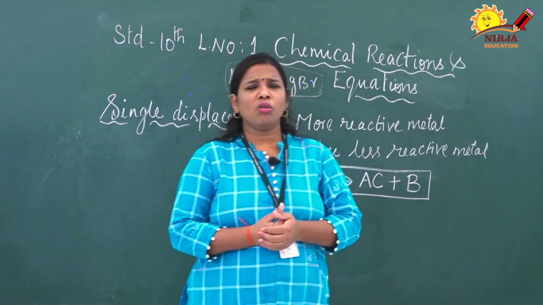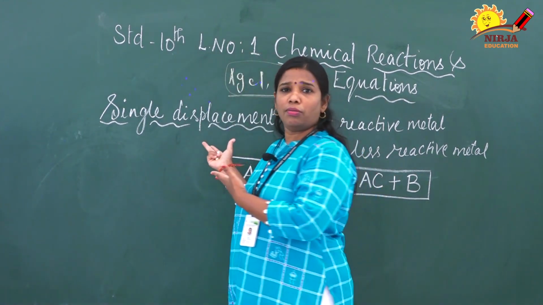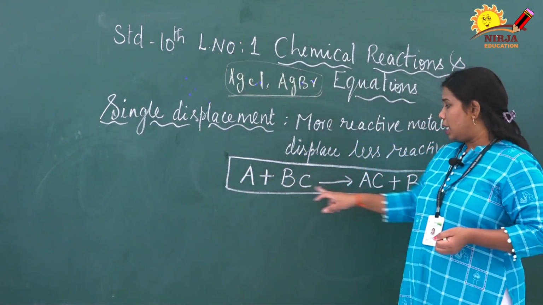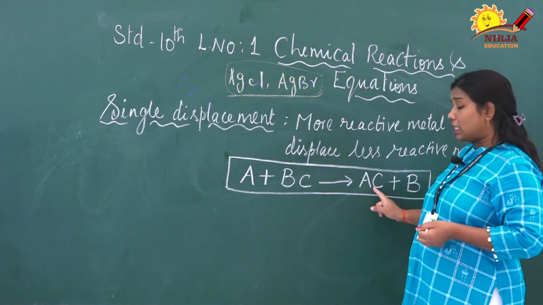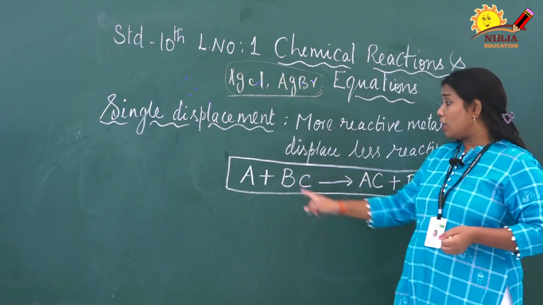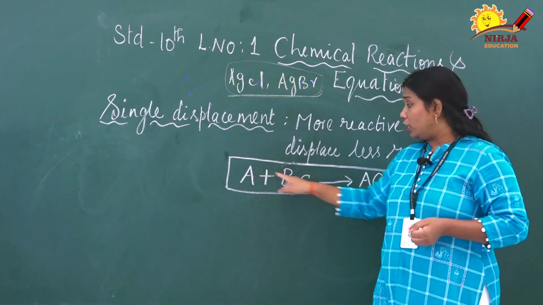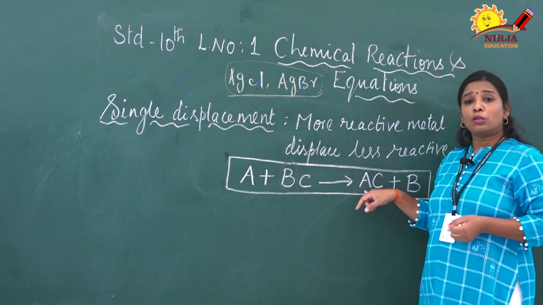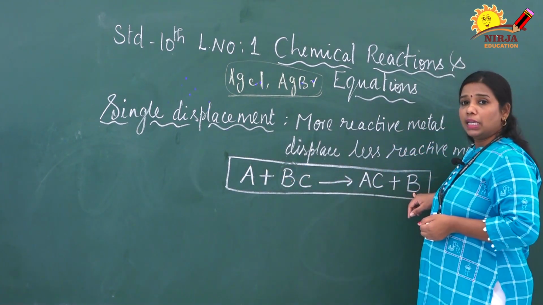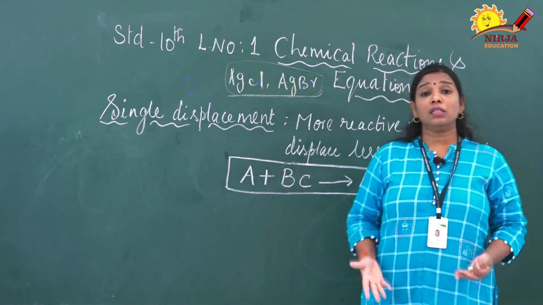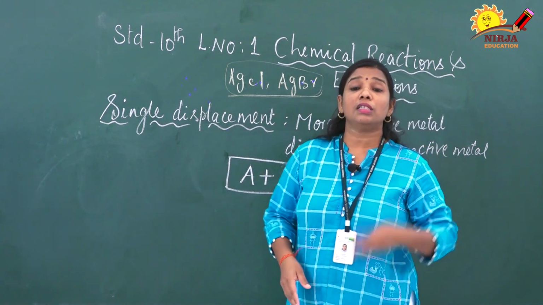How do we know which metal is more reactive? For example, I am writing here A plus BC. Here we are getting the products AC plus B. Here we come to know B is the less reactive metal, so in that place A is occupied. So AC plus B are the products. How do we come to know which chemical is more reactive and which is less reactive?